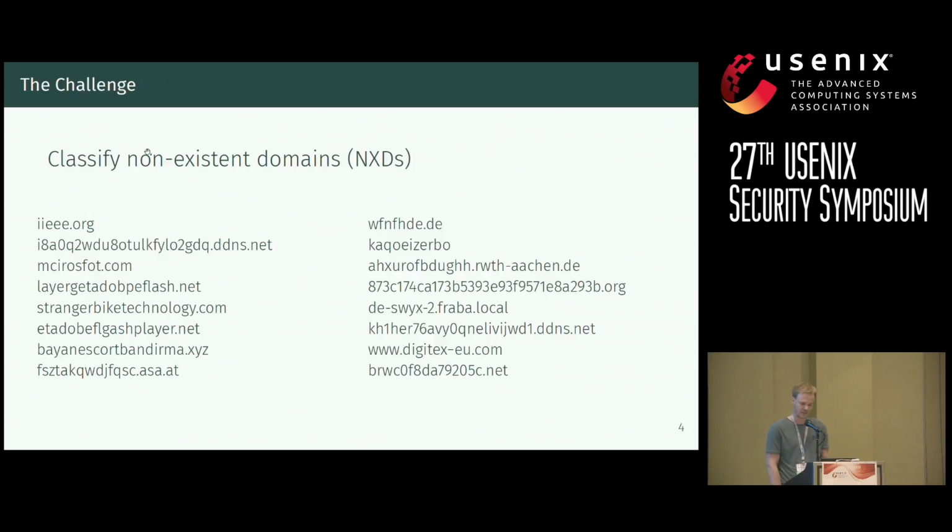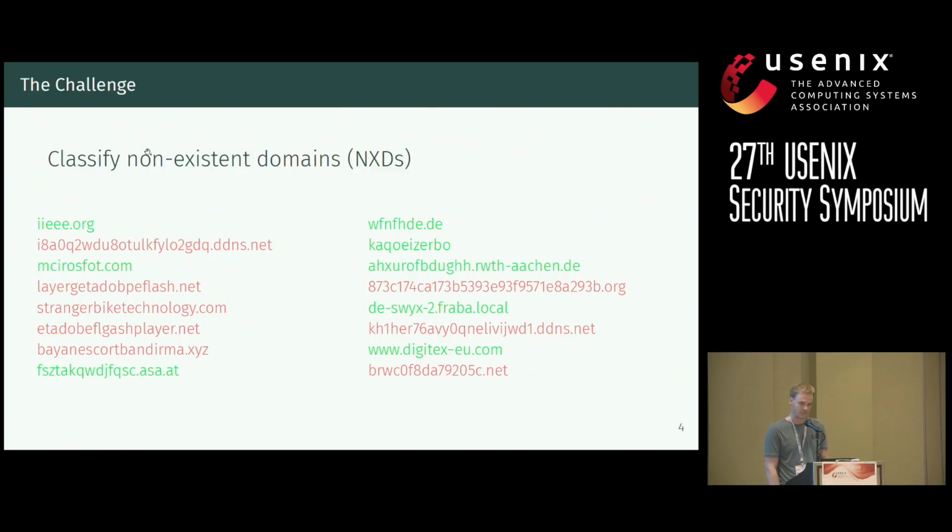Here you see some examples of how this could look, and if we perform classification here, the result would look like this, where the green ones are benign domains and the red ones are known DGA-related domains. As you can see, it's not always intuitive to determine whether a domain is DGA-related or not.